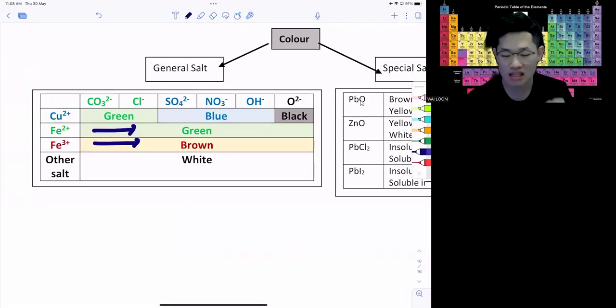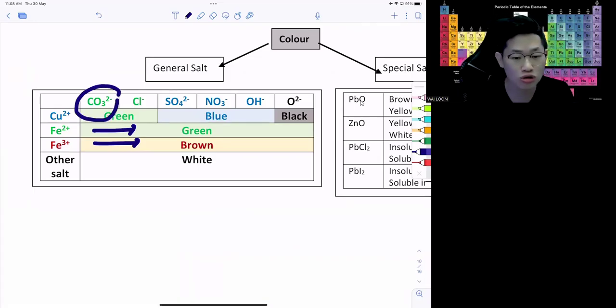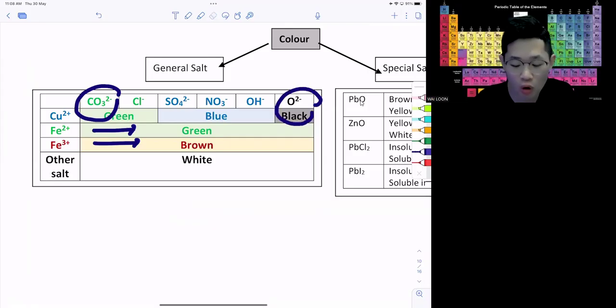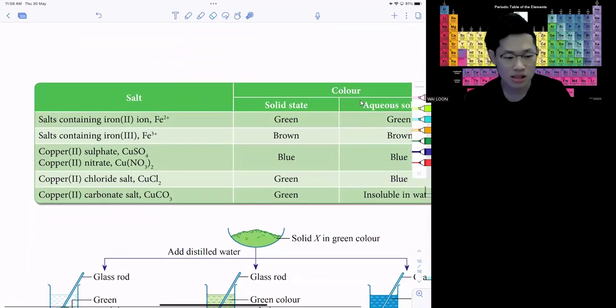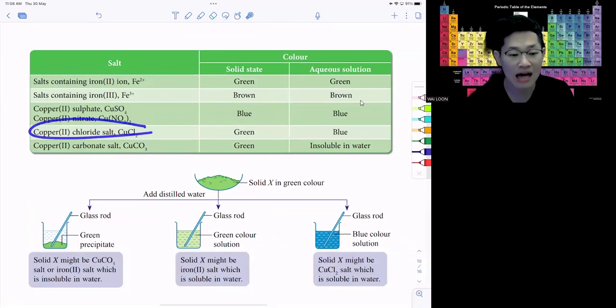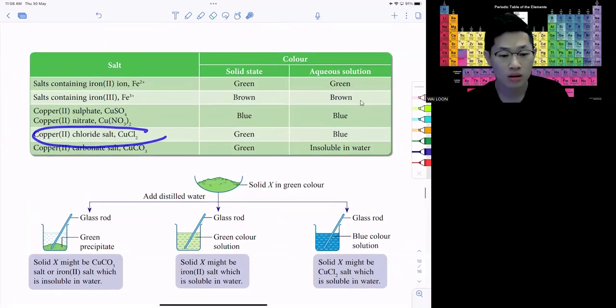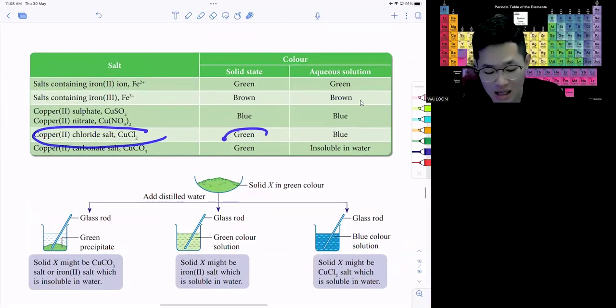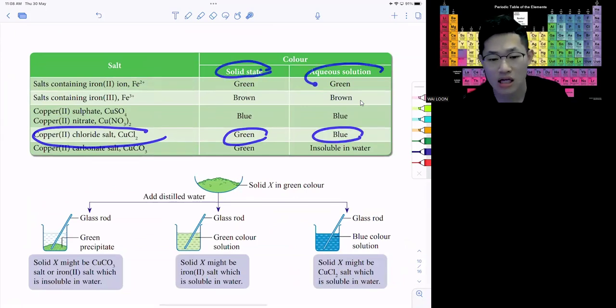I want you to remember that Cu2+ is always blue, except for CuCO3 and CuO. How about the CuCl2? Okay, see, CuCl2 is here. This is from the textbook. CuCl2 is green in the solid state, but blue in a solution.